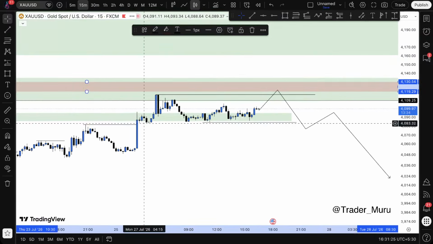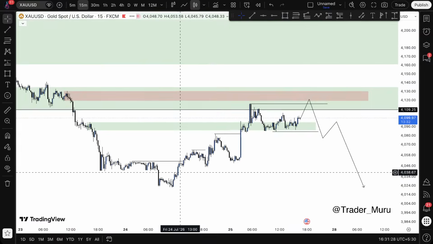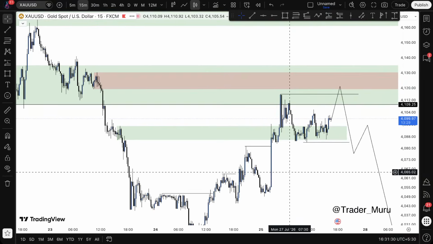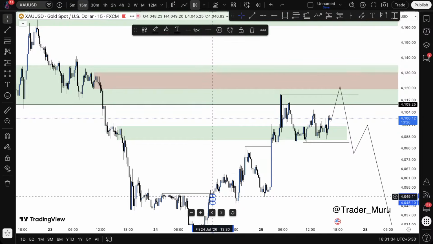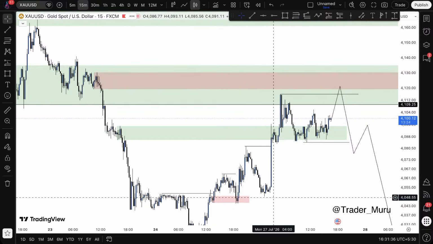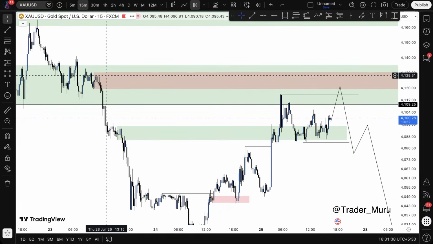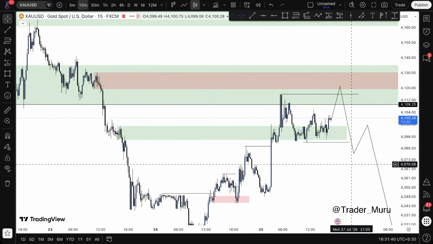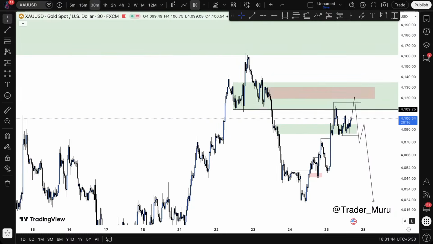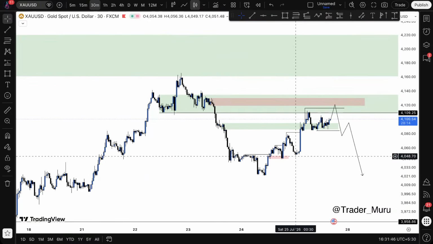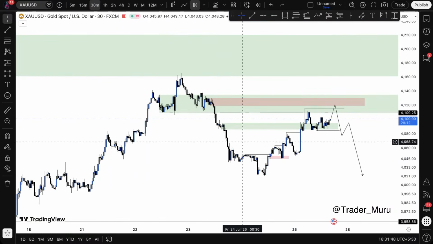Previously, on Friday, we were looking for this smaller demand for a bullish pump, and today we are looking for this smaller supply for a bearish drop. Exactly the same thing repeating again.